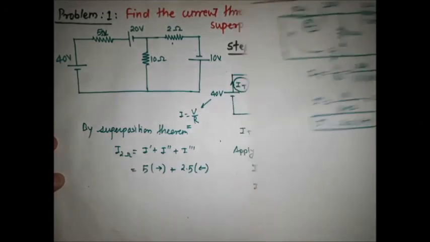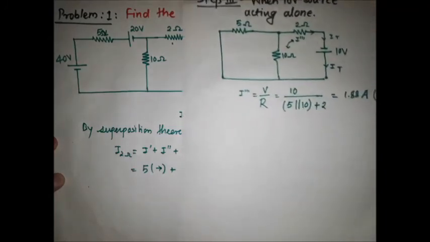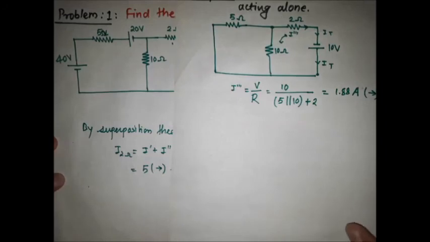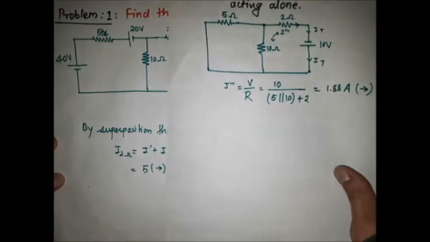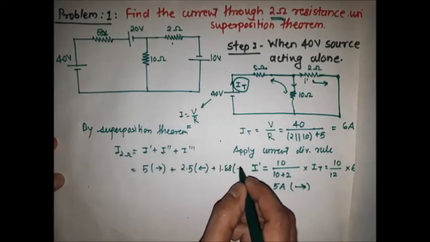Now I triple dash, which you have got, is 1.88 ampere in direction to the right hand side. So it is plus 1.88 in direction to the right hand side.